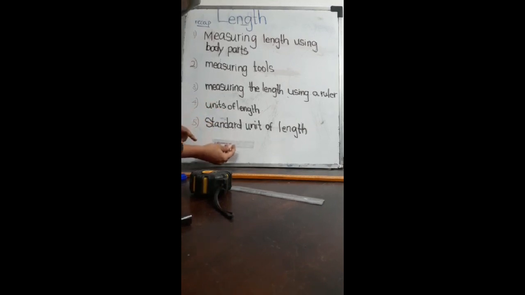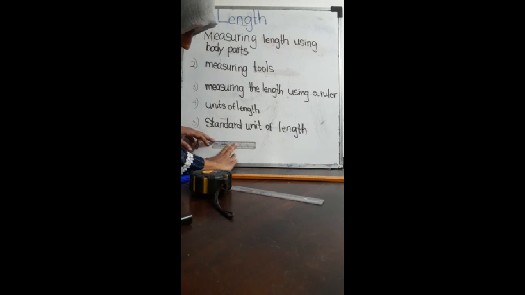So you place the 0 point at the start of this line, place it properly and press it in the middle of the ruler. If you press like this, it won't move, right? Okay, then you can measure the length.